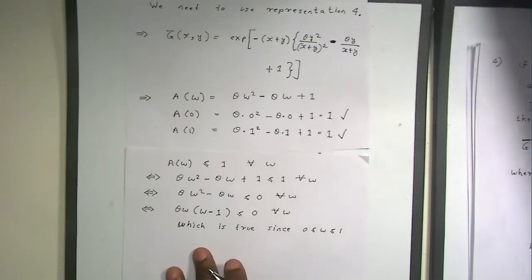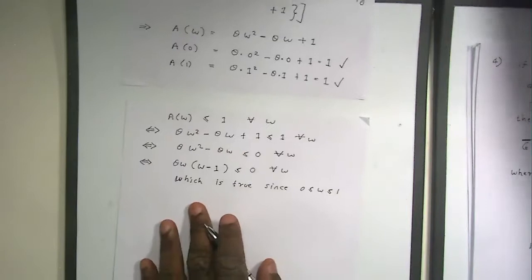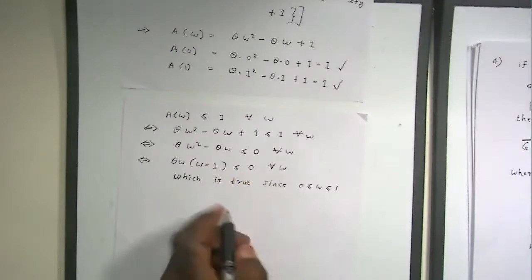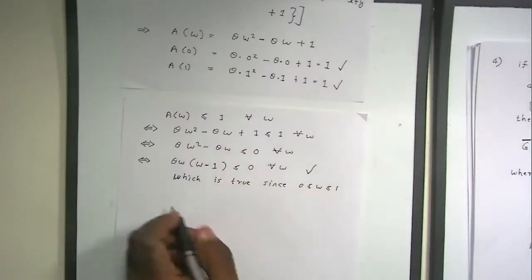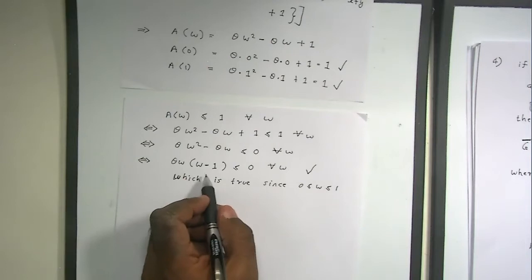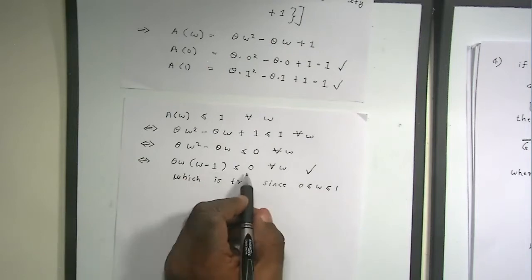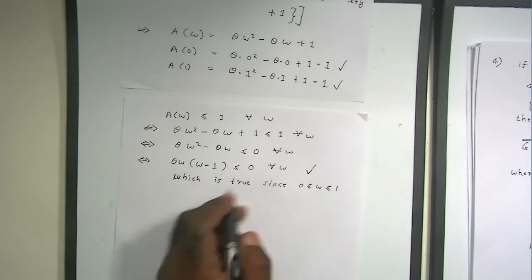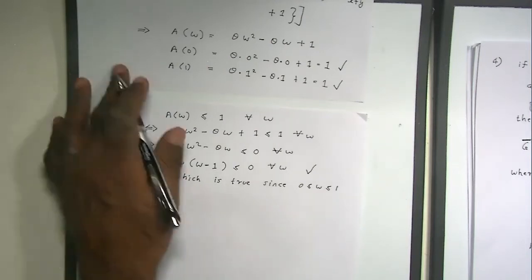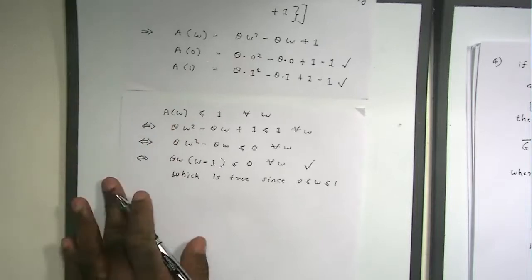Alright, so we have proved that this is true, right? Because omega is between 0 and 1, so this must be less than or equal to 0 for all omega, right? The next thing to prove is the following.